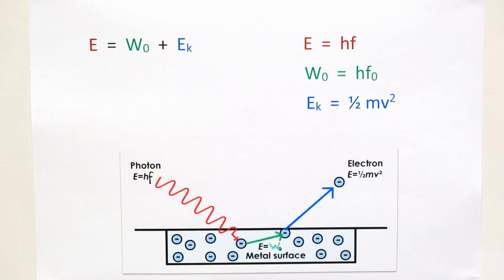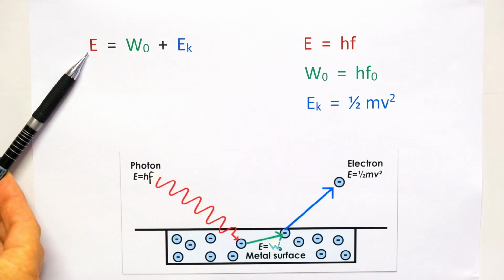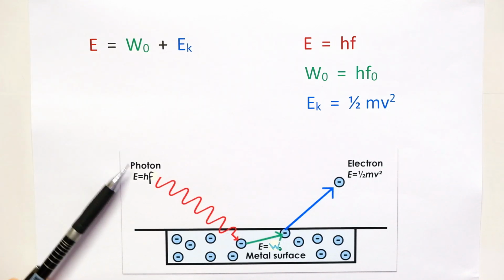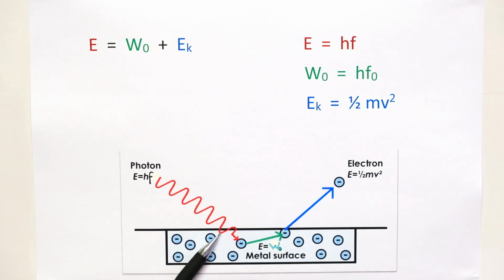The following equations are all extremely important, but they are given to you on your data sheets. This is the energy of the photon that is incident on the metal. So there's your electromagnetic photon incident on the metal. This rectangular thing here is our metal, and these are our electrons inside the metal.